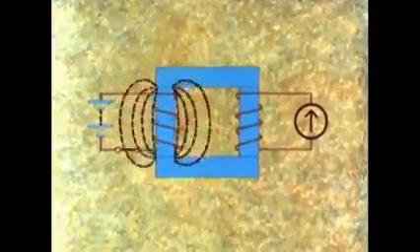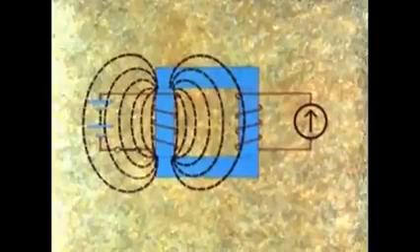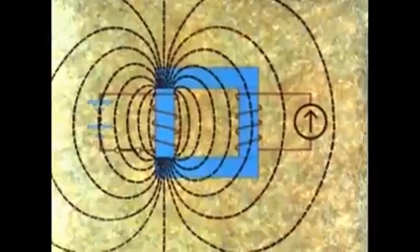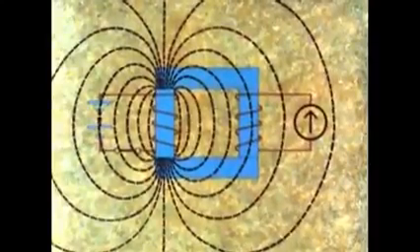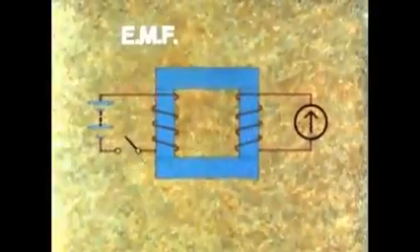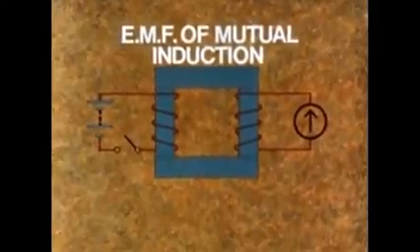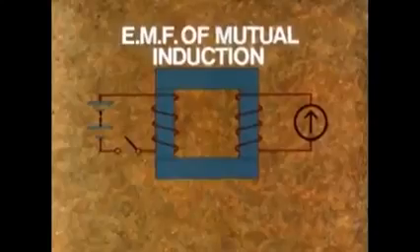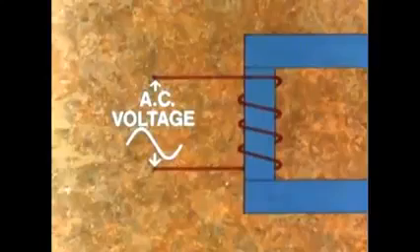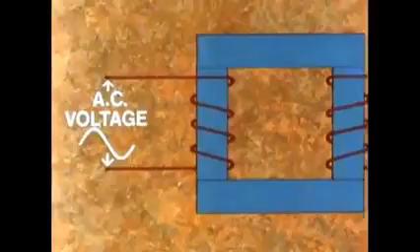This is because the lines of force from the field of the first coil are cutting across the turns of the second one, so that as the field changes, an EMF is induced in the second coil. This is the EMF of mutual induction. It must have struck you that if, instead of switching on and off the current, we supply an alternating voltage to the first coil, so that its field changes continuously, we shall induce an alternating current in the other coil.